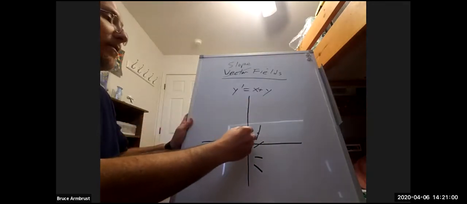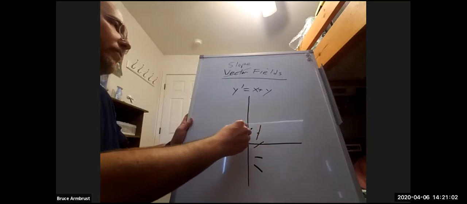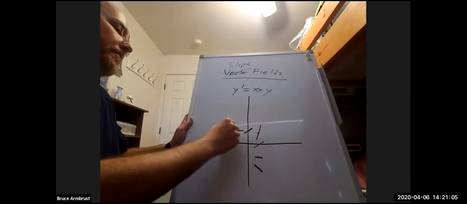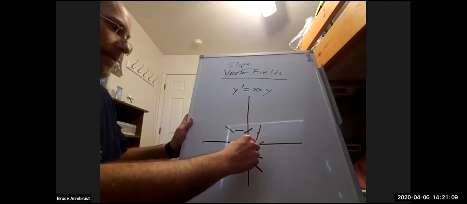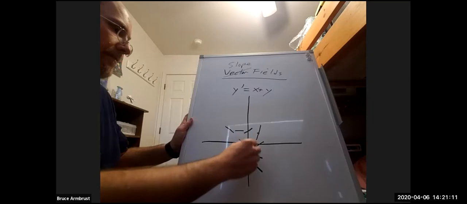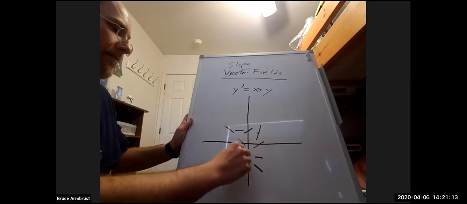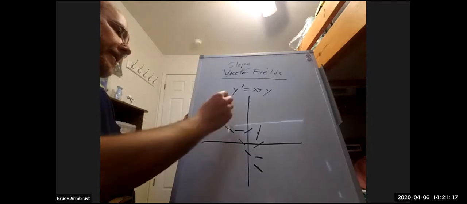And then I could do that for other values as well. So like 0, 1, I get a slope of 1. 1, -1, I get a slope of 0. Okay, so basically I just kind of keep doing this. There's going to be another one that's out here.